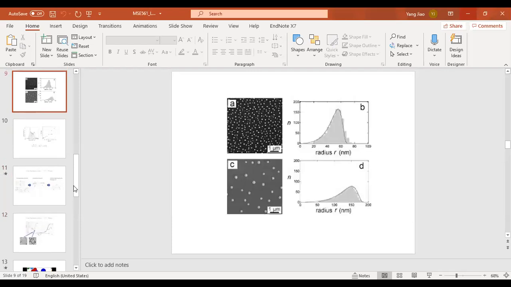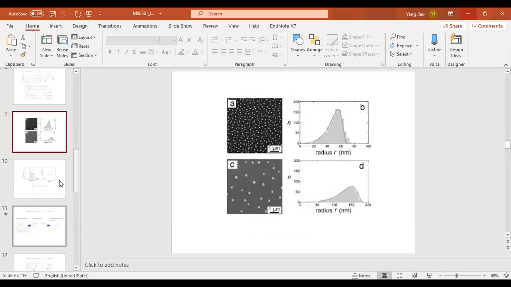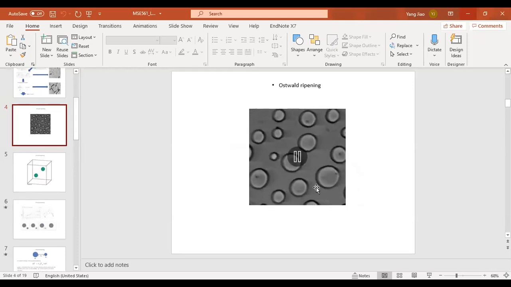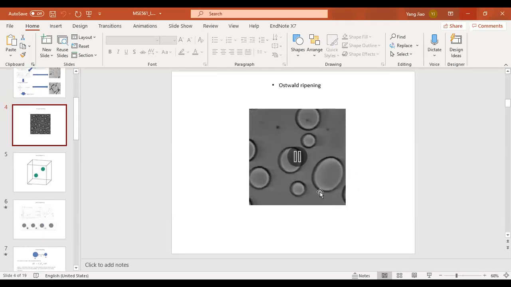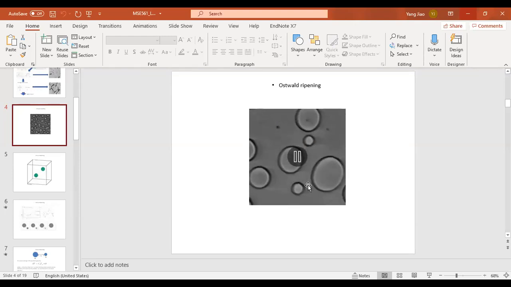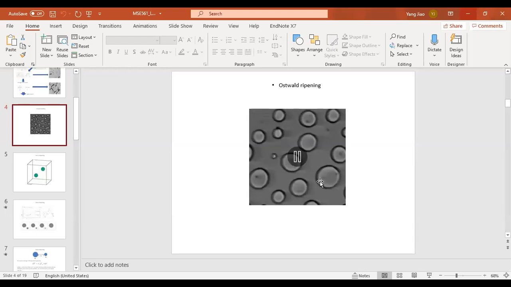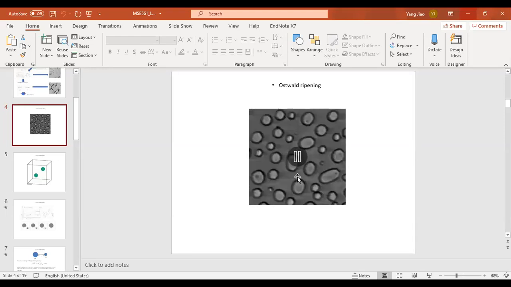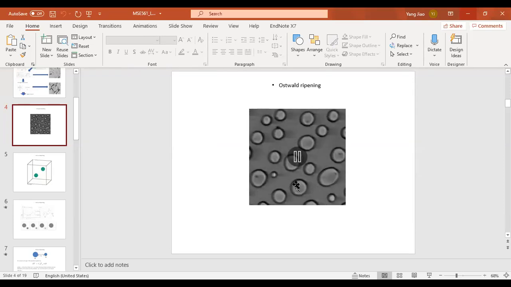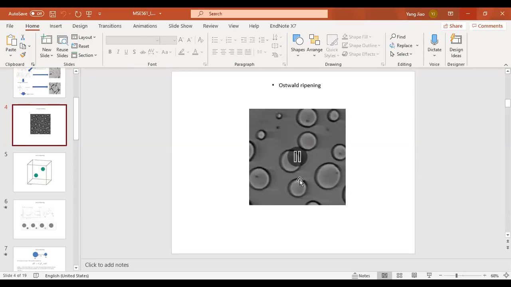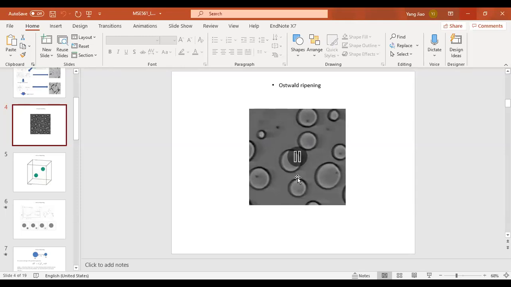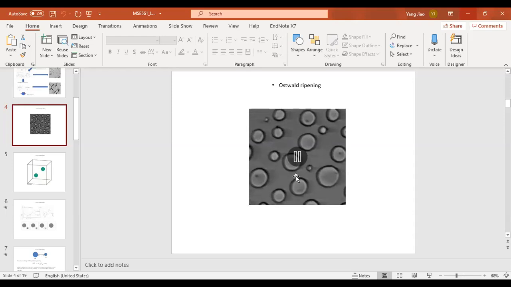If you still remember what this is, if you start with smaller particles in the system, or a distribution of particles, as the precipitates in the system, as the system evolves the large particles will eat up the smaller particles. This will lead to, number one, a decrease of the total number of particles or precipitates in the system, and number two, the average size of the particles, measured for example as the average radius, will grow.